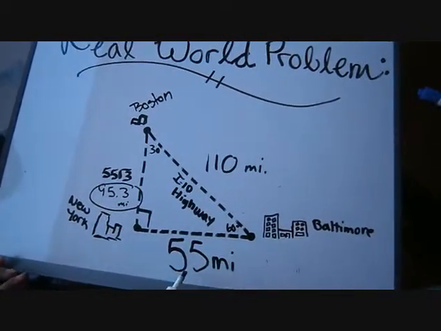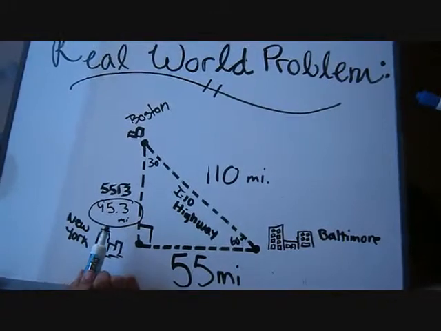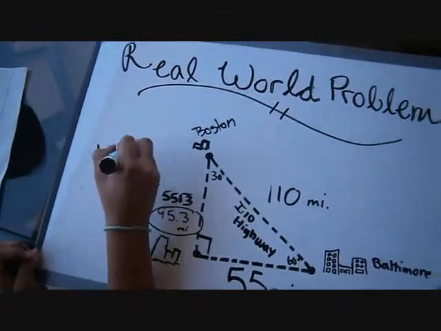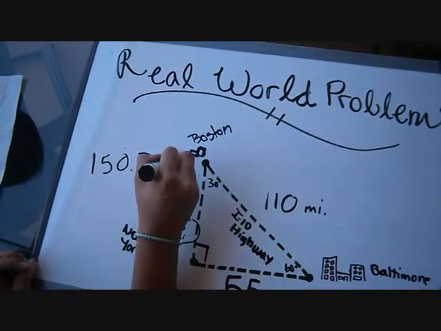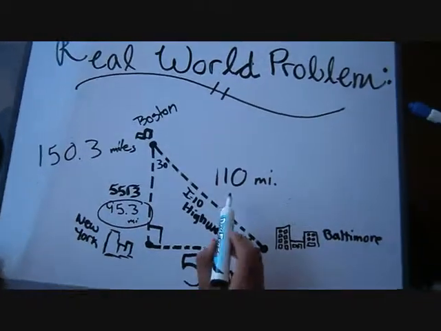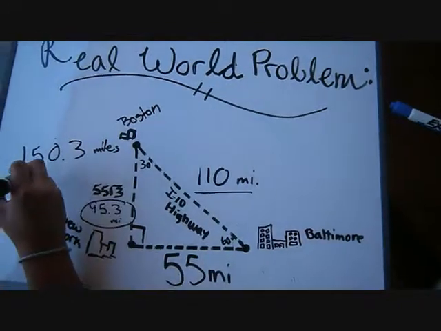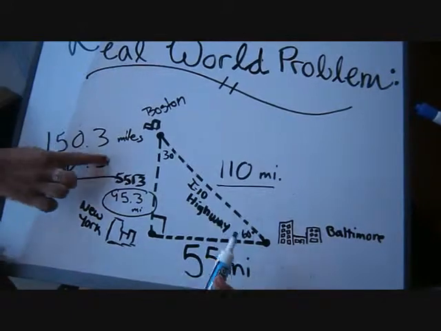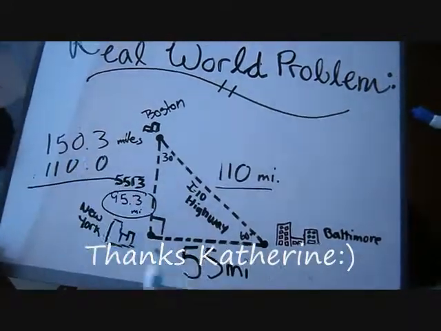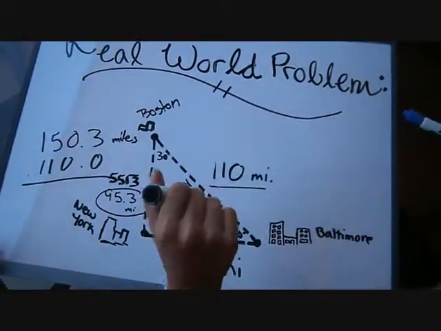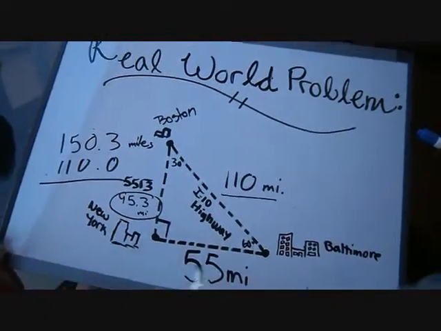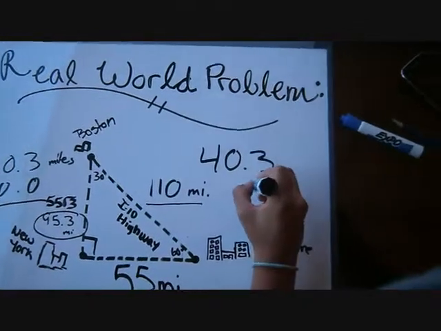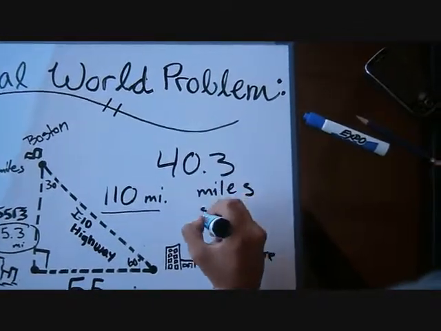If you add up 55 plus 95.3, it comes out to be 150.3 miles. So now we subtract what we know the highway is. Now we know that if you take the new highway, it will be 40.3 miles shorter.